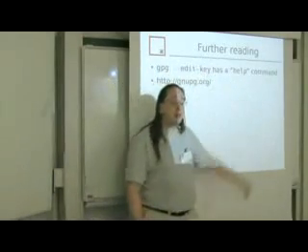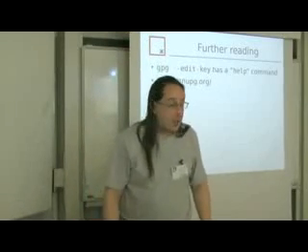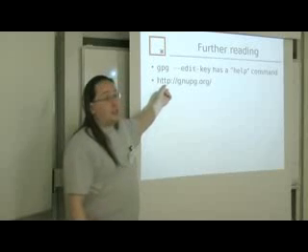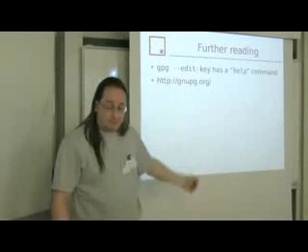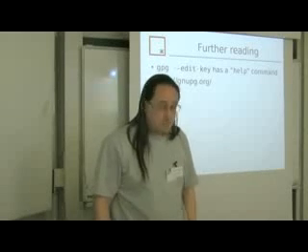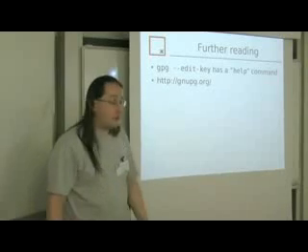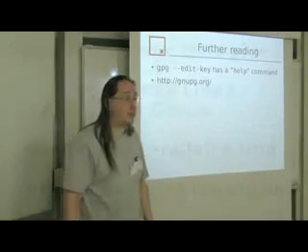GPG edit key has a help command. It'll give you an enormous list of the stuff you can do. GNUPG.org is the main website. That's probably the main things that you need to know, other, of course, than having a copy of this presentation to hand.